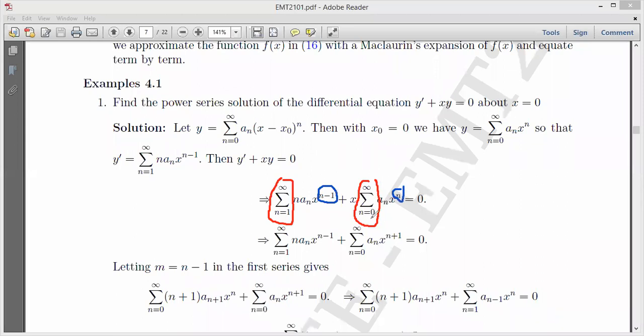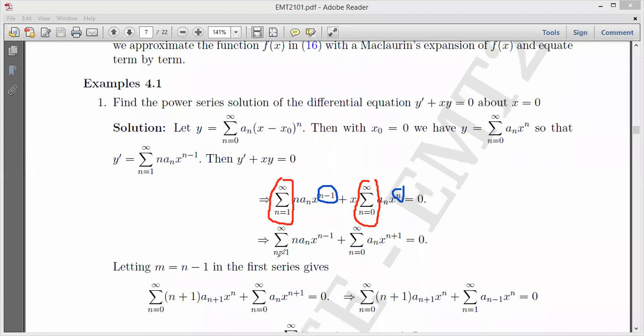Then here you are summing from n equal to 0 to infinity, and here you are summing from n equal to 1 to infinity. So it means that we need to find some kind of consistency with respect to, first of all, the powers of x, and then the sums themselves.